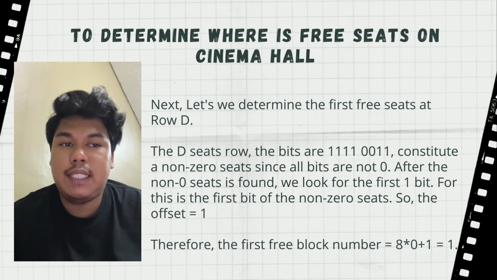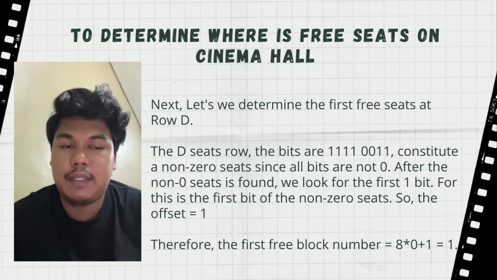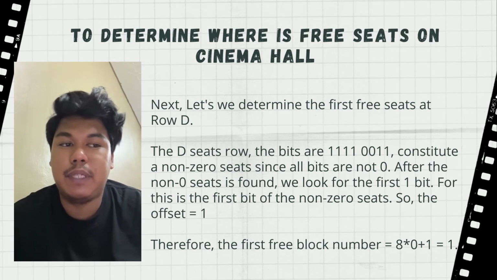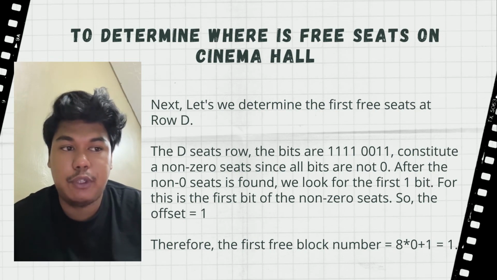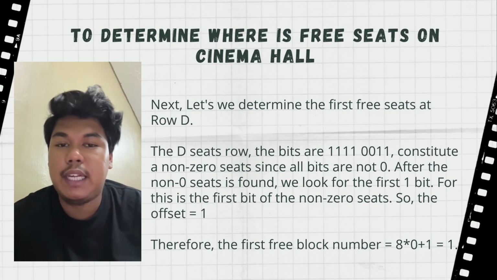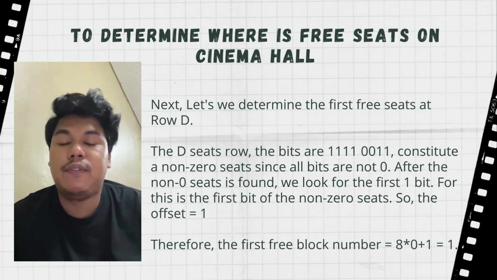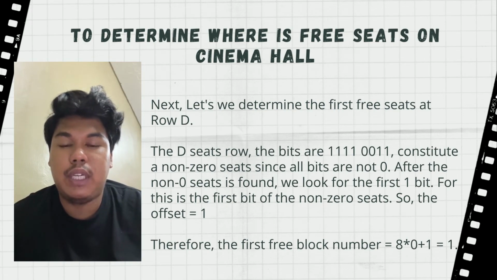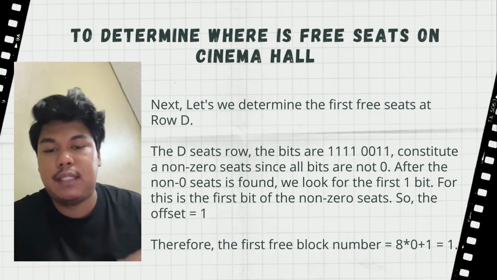This is the first bit, so the offset equals 1. Therefore, the first free block is calculated with the previous formula as 8 times 0 plus 1, which equals 1. So the first free seat in row D is the first seat, D1.